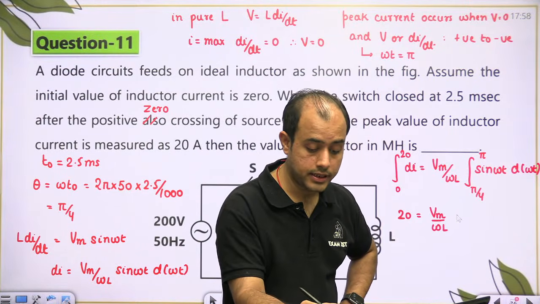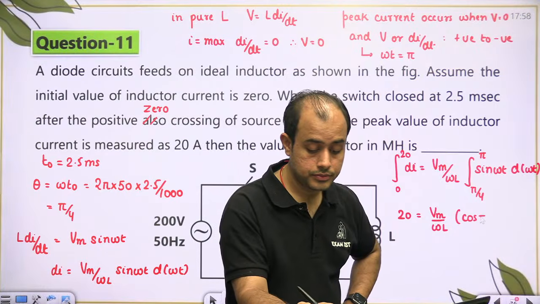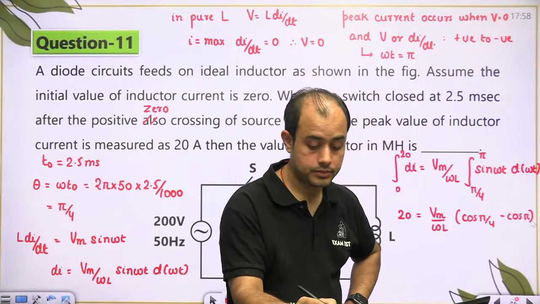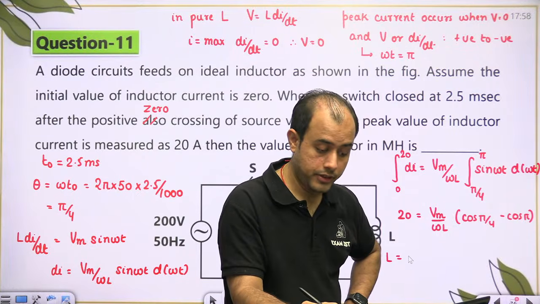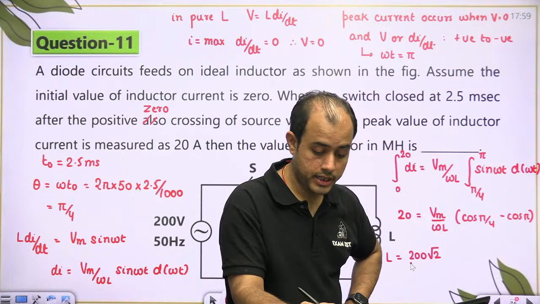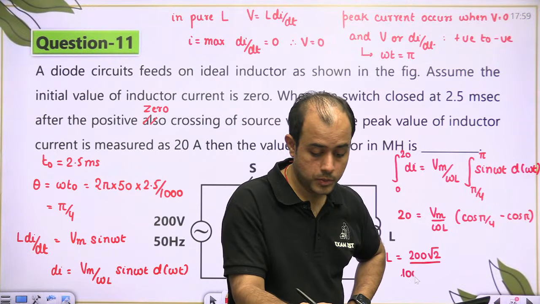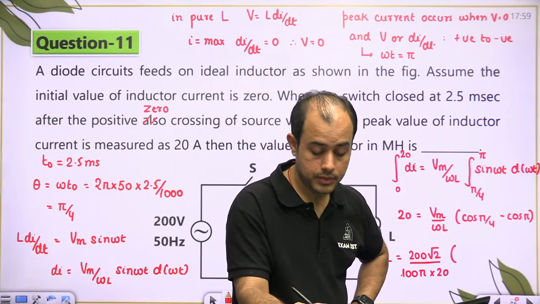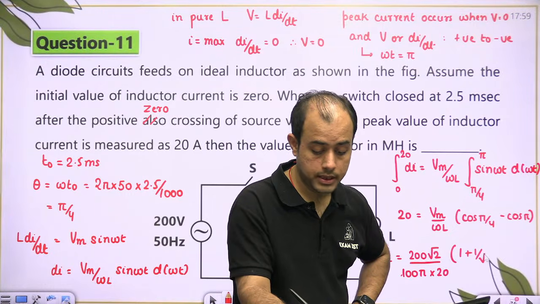इंटीग्रेशन ऑफ साइन इज माइनस कॉस. L will be Vm. Vm is 200 root 2. Omega. Omega is 2 pi f. 20. 1 plus 1 by root 2.